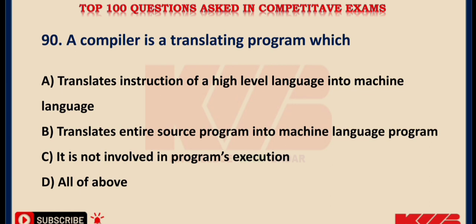B. Translate entire source program into machine language program. C. It is not involved in program's execution. And D is all of the above. So let's see the answer. A compiler is a translating program which translates instructions of high-level language into machine language.